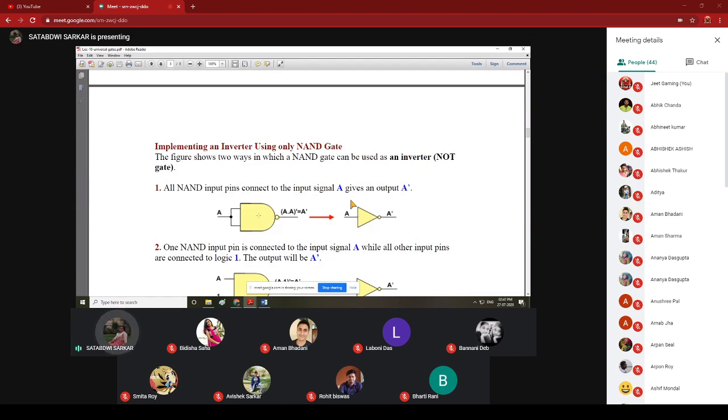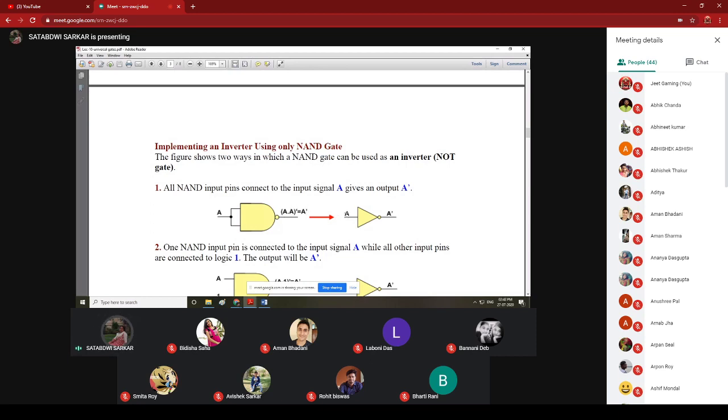So here we are getting the NOT operation. We are using a NAND gate, but we are getting the NOT output, that is, the inverted output of the A input. The NAND operation is the complement of A into A, so this is A into A whole bar, that is A bar.